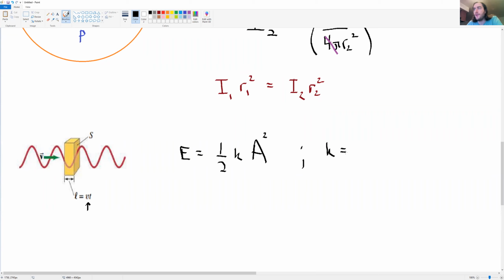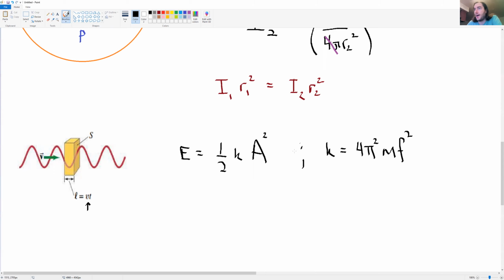So if you remember when we looked at the mathematical representation of waves as sines and cosines, they write k as 4 pi squared m f squared. Okay, but there's an easier way to recognize this relationship here.